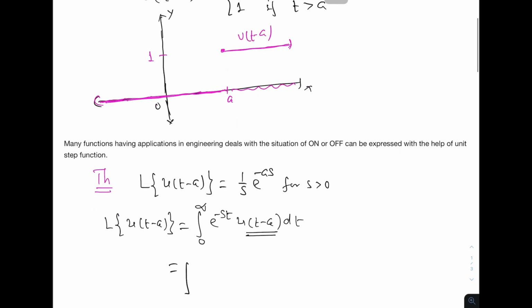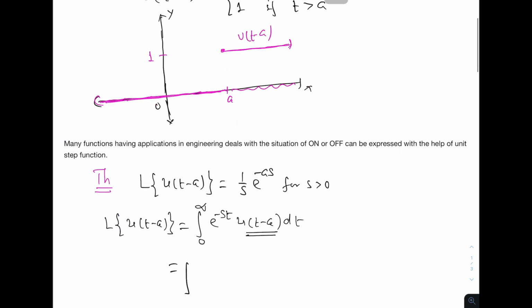So this is the theorem, and it is not difficult to prove. We can take the right hand side and then prove it for the left hand side. So let us prove that theorem. Let us take the right hand side, that is e power minus as F(s).